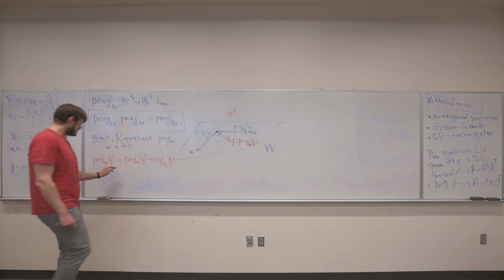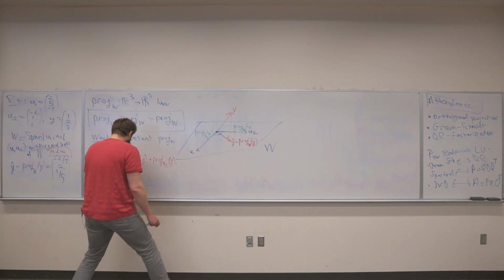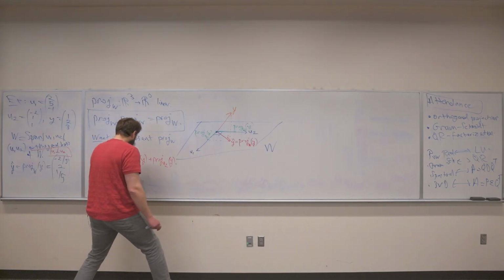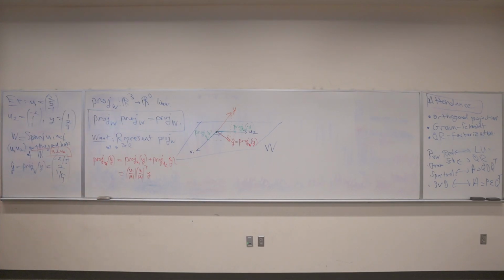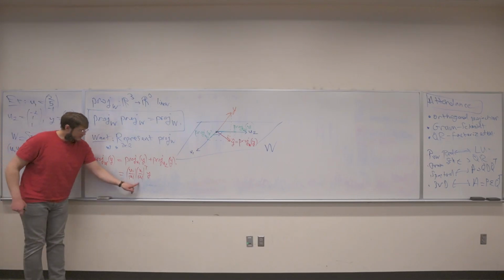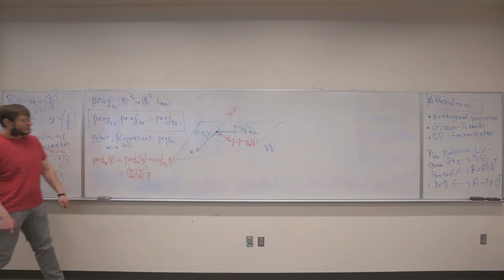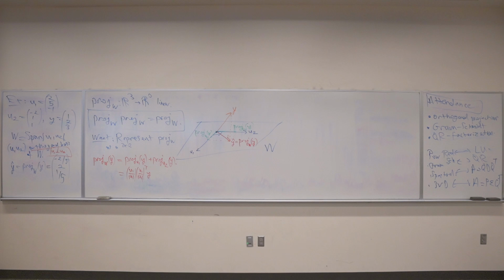Namely, this is nothing but u1 normalized times u1 normalized transpose applied to y. Right, this was the outer product of u1 normalized by itself.